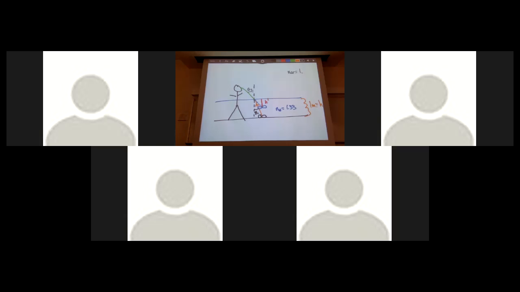So far so good. Just to keep track, I'm going to call the distance from where the ray comes out to the center of the goggles some distance x. And then this angle here is also theta 2.